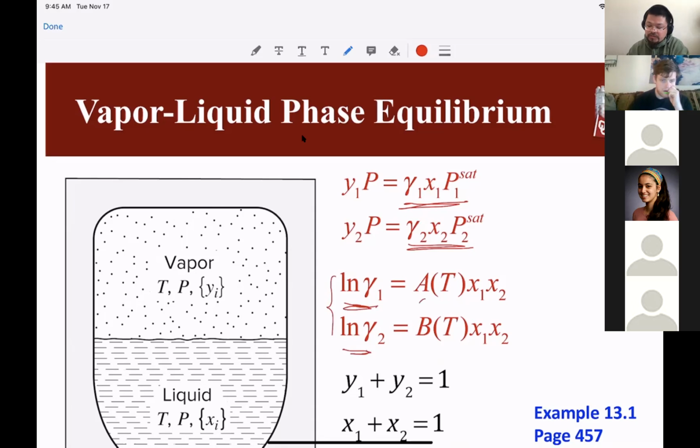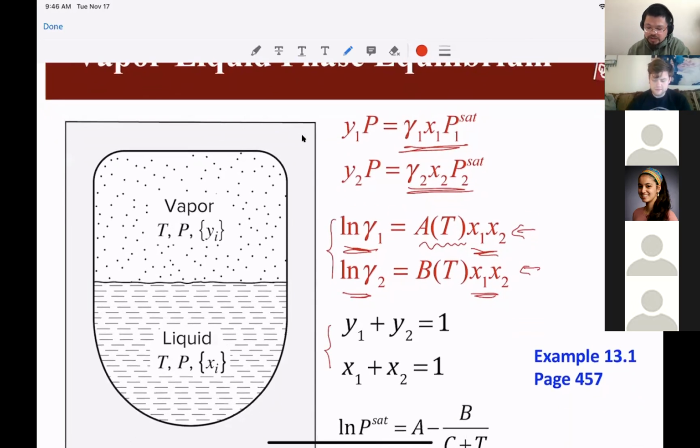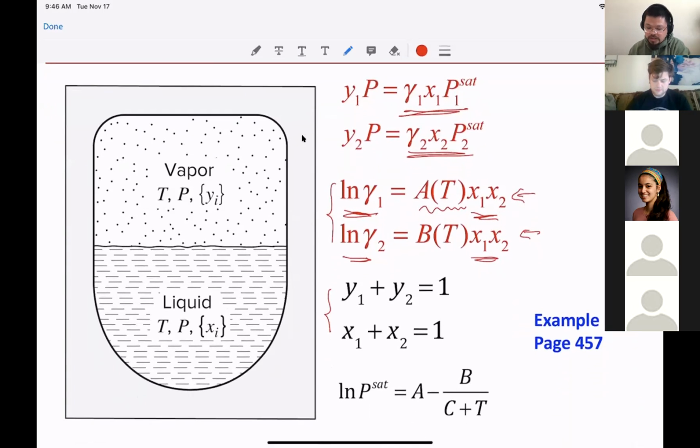So this is why all those models, Wilson, the Margules equation, are always trying to express the activity coefficient as a function of the liquid composition. And the coefficient should be expressed as another function of the temperature. So if that is the case, we need to add the other two equations and then combine all those previous equations. Say y1 plus y2 is 1, x1 plus x2 is 1, and then still this is the Antoine equation over there. Okay. So that would be the limit of our discussion on our exam.